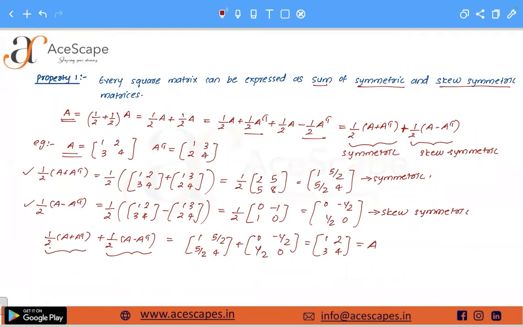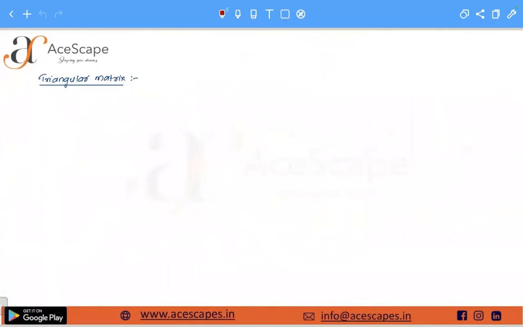Next I am going to talk about some other type of matrix called triangular matrix. There are two types of triangular matrices. One is upper triangular matrix and two, lower triangular matrix. From the name itself, we can easily understand what is meant by upper triangular matrix.